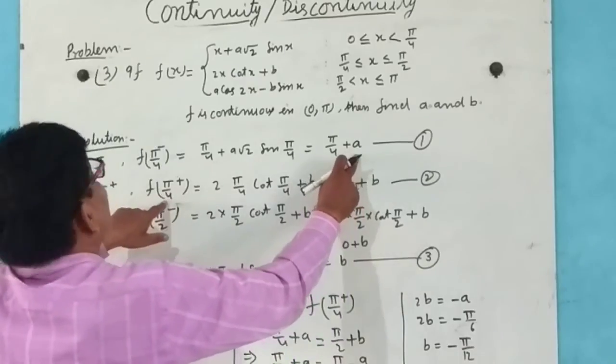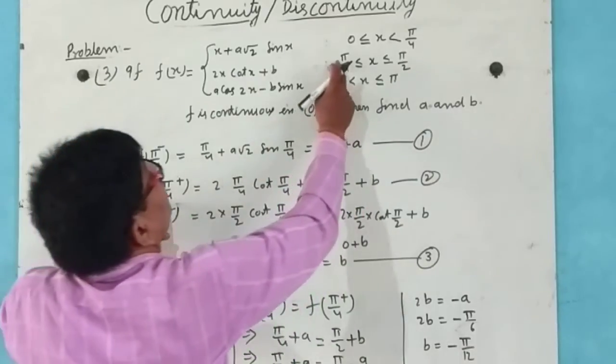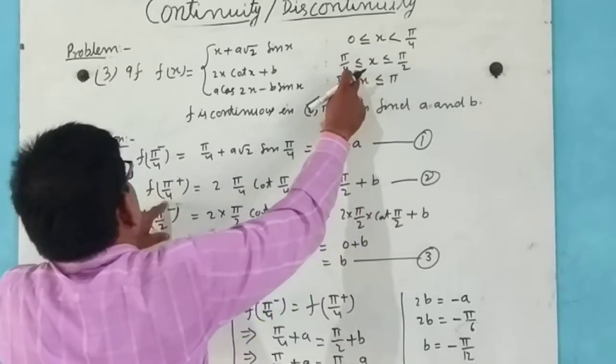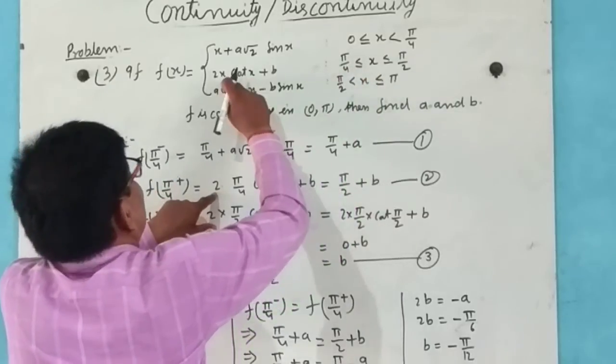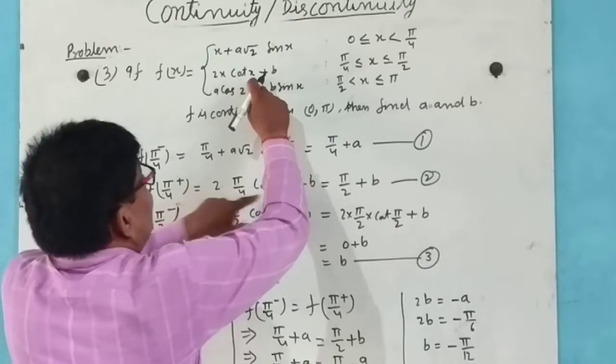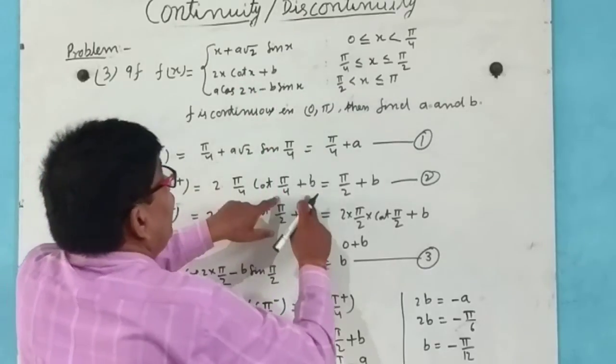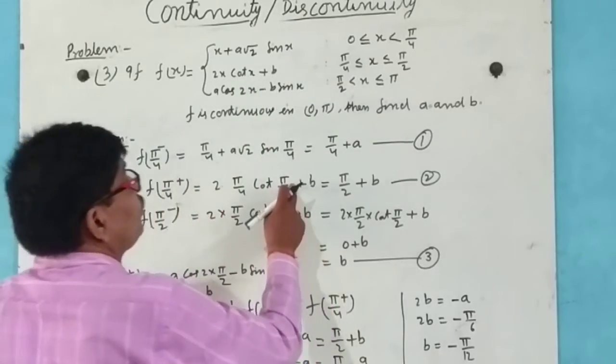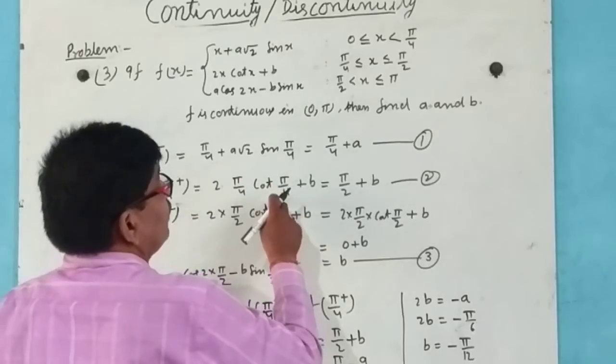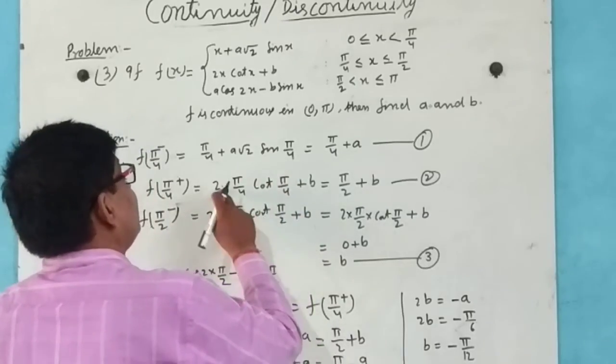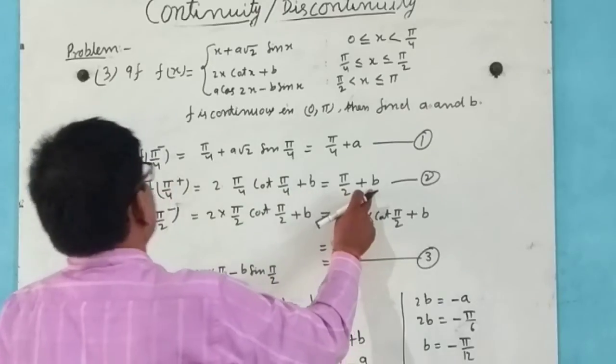And on the right side, in this region, 2x gives pi by 4 times cot pi by 4 plus b, and cot pi by 4 is equal to 1, so we get pi by 2 plus b.